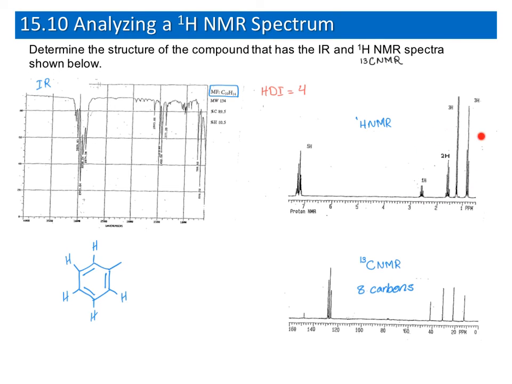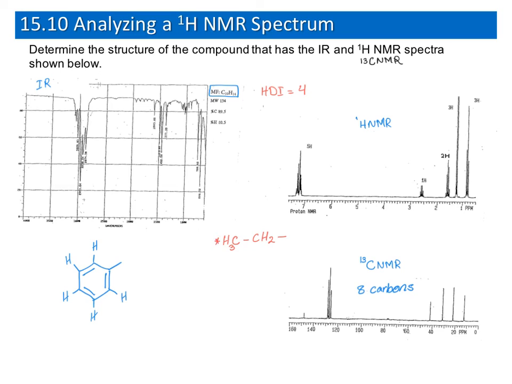Now let's look at these signals to see what the substituents look like or what kind of information we can get from these signals. So the first signal, it's a triplet with integration of 3 hydrogens. So we can think about having a CH3 group that is connected to a CH2 group. So this CH3 group gives us integration of 3 hydrogens, and these 2 hydrogens, 2 plus 1, make this one a triplet.